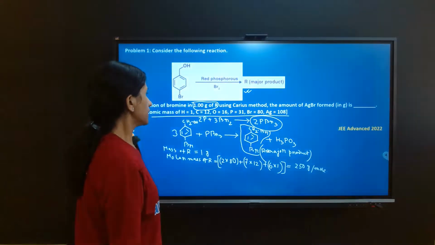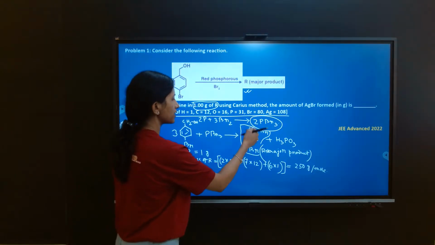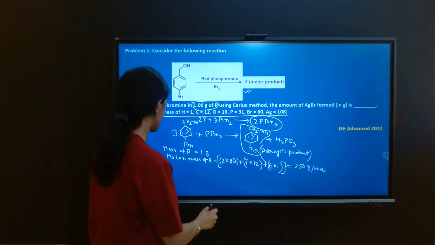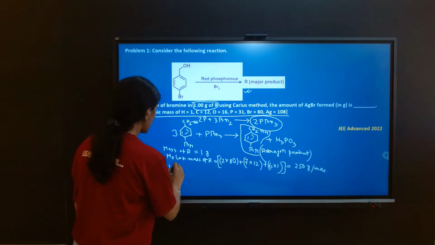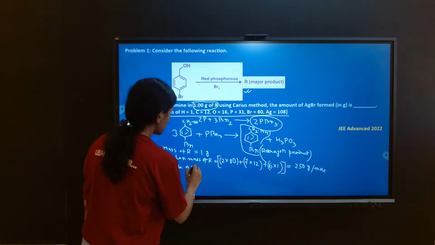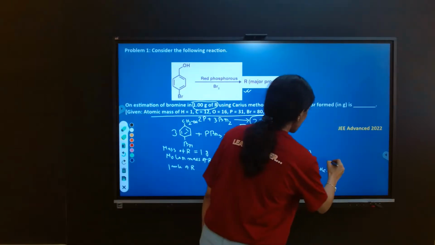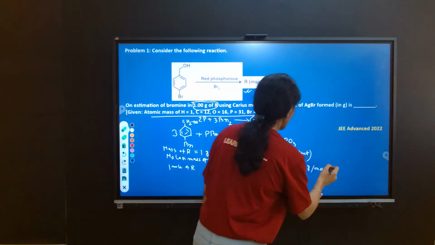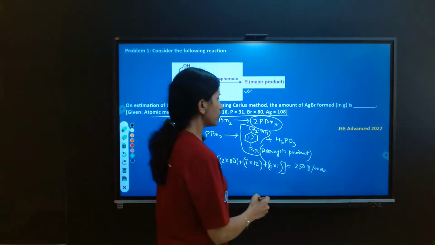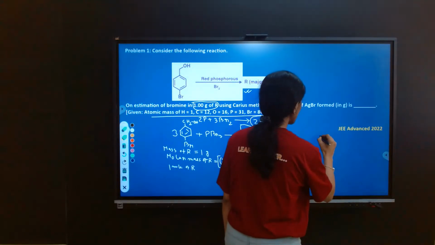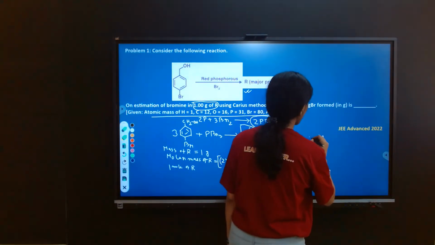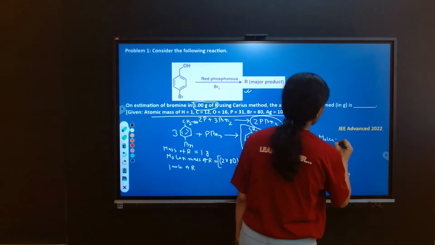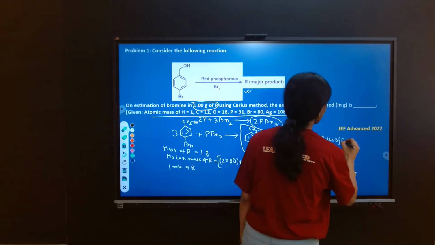Right. Now, from the structure, you can easily see that 1 mole of R, and as the molar mass of R has been calculated as 250 gram per mole, we can easily calculate the number of moles of R. So what is the formula?